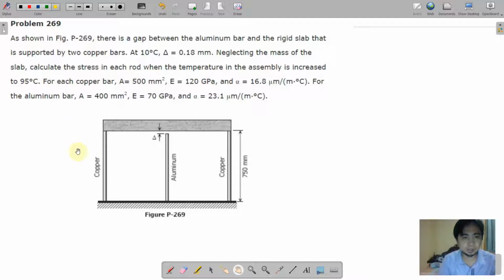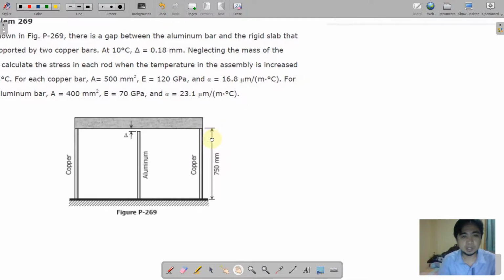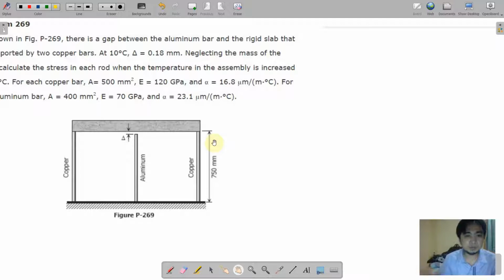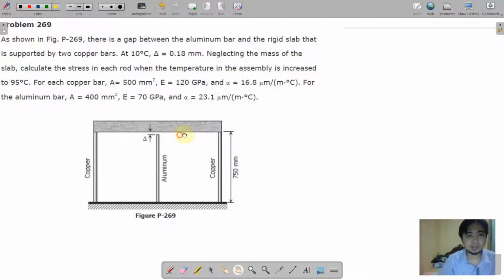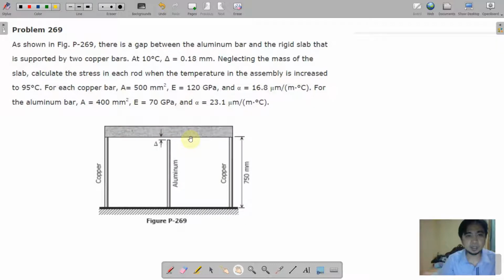As a solution, we need to determine the final behavior of these three rods if there will be a change in temperature. So what we do is compare first the coefficient of thermal expansion. As we have been saying, there is a difference in the properties according to the material, so of course we need to look into that.